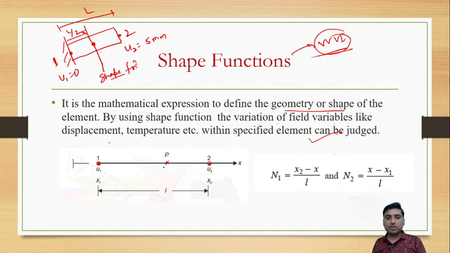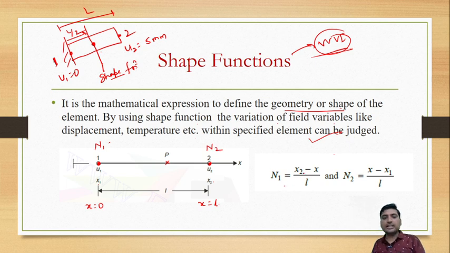At a point, if you want to find the displacement, we need some shape function. Let's take this as x1 and here x2, where x is 0 here, and here x is L, the total span. At node 1 the shape function is N1, and at node 2 it is N2.